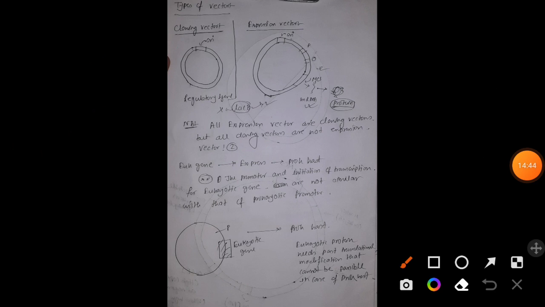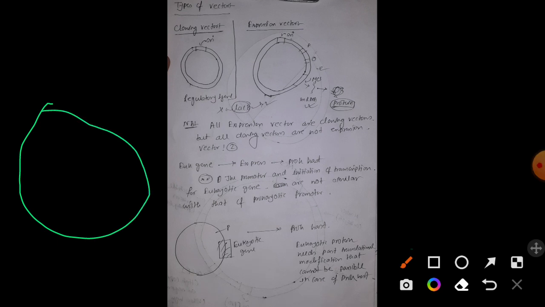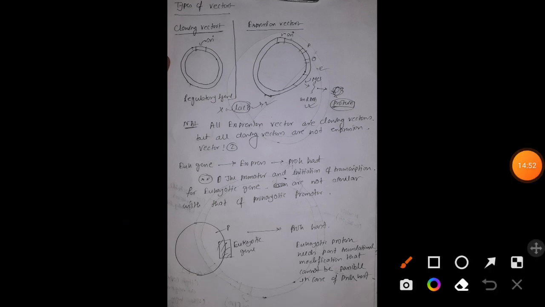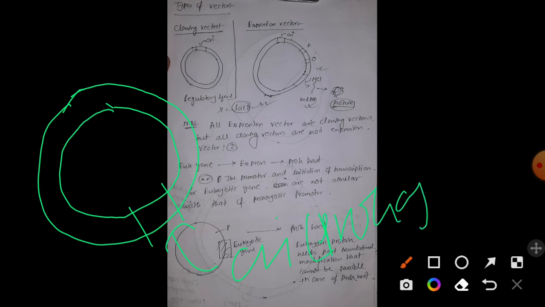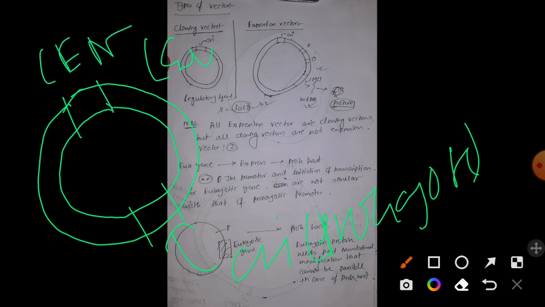Research begins again, and after several attempts they get an idea: how would it be if we add an origin of replication for prokaryote and an origin of replication for eukaryote?